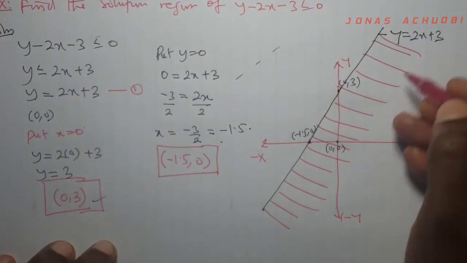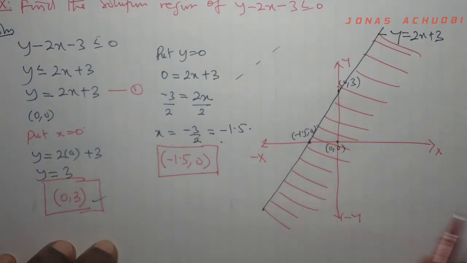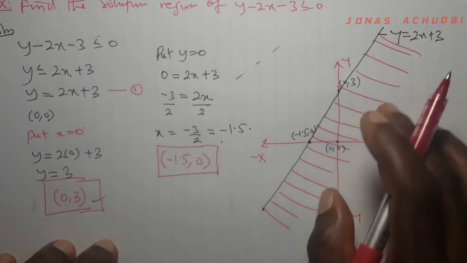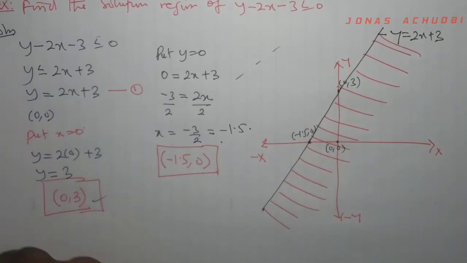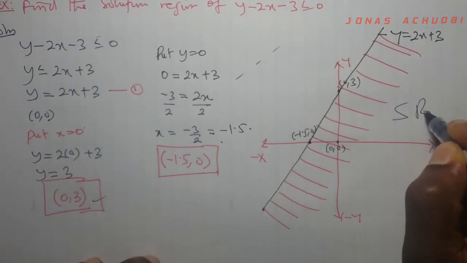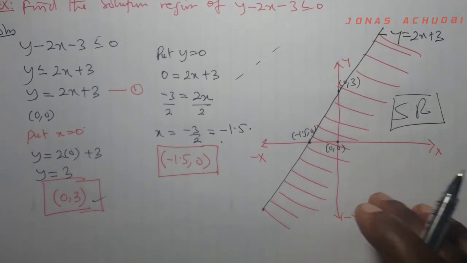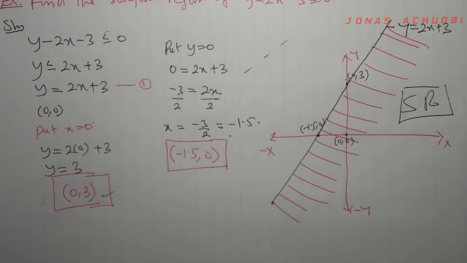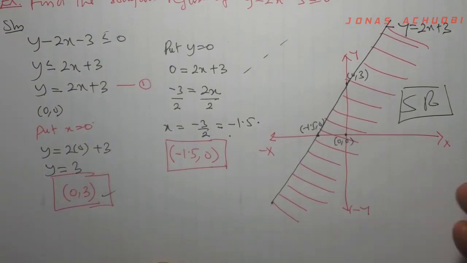So this region that's shaded, of course, extends to any point below the line. This line can also extend, like I already explained. So any point we pick in this region, which we call our solution region, will satisfy our given inequality. So we shall check with just one or two points. Once again, the first point we find there is 0, 0.